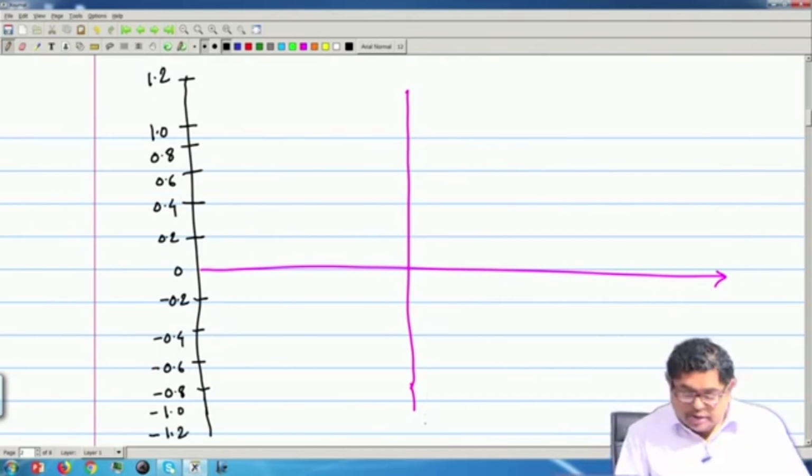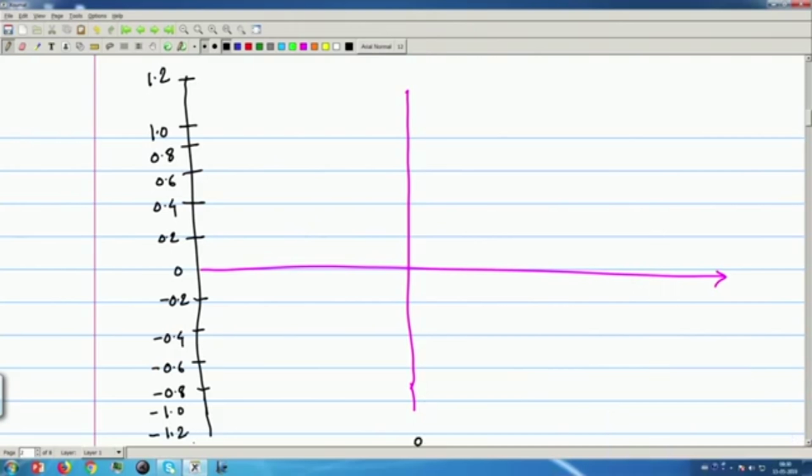Similarly, here this one I am calling 0 and this is minus 1.5, this side it is plus 1.5. Now, here is minus 1, here is minus 0.5, here is plus 0.5, here is 1, here is 1.5.